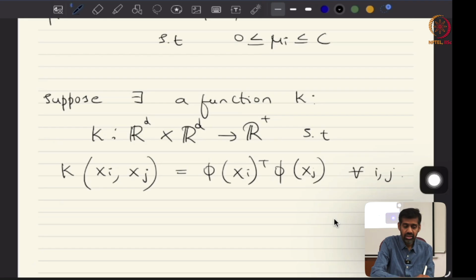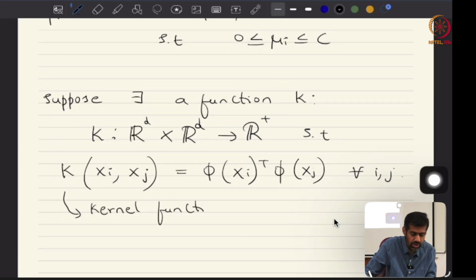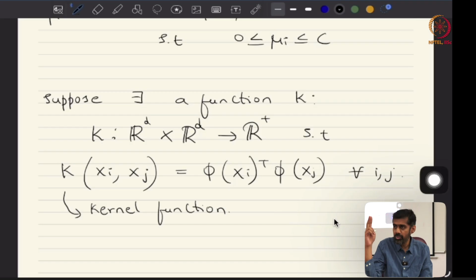What does this mean? Let us say that there exists a function k, and this k is what is called the kernel function. So given 2 data points xi and xj, if you pass these 2 data points to the kernel function, it will compute the inner product of these 2 data points in the projected space. Suppose a function like this exists.